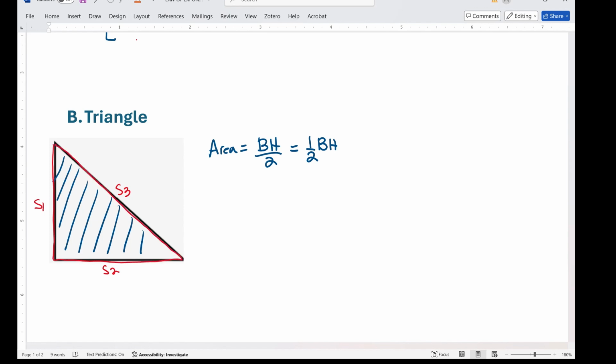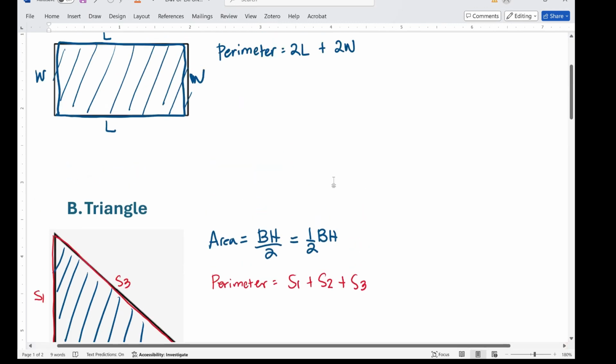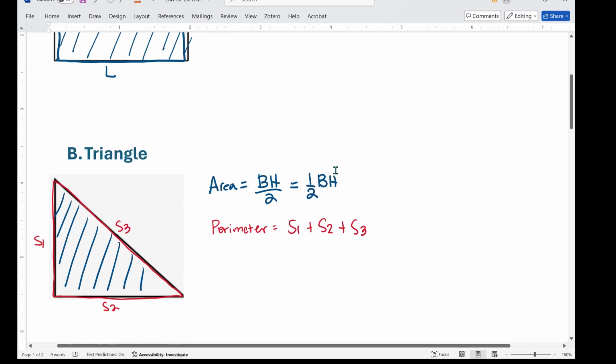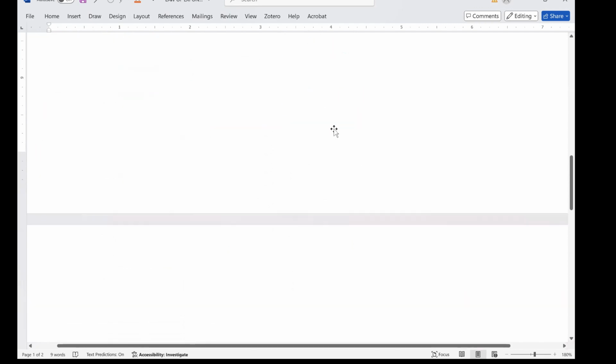Okay, so perimeter will be side 1 plus side 2 plus side 3. So this formula, you need to remember this by heart, okay, because this formula is very useful for the exam. Let's go on to the examples here.